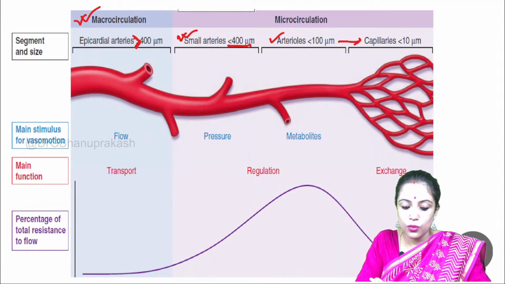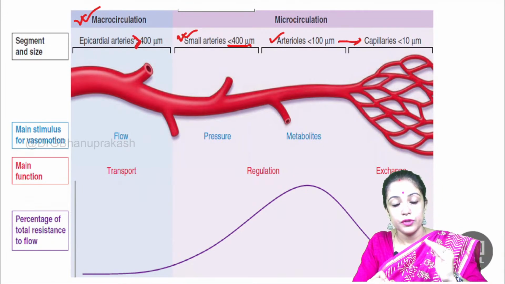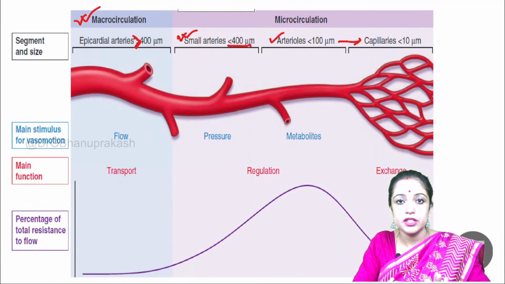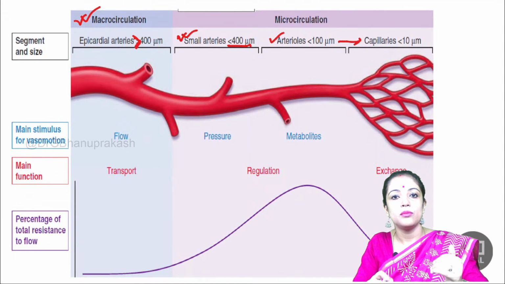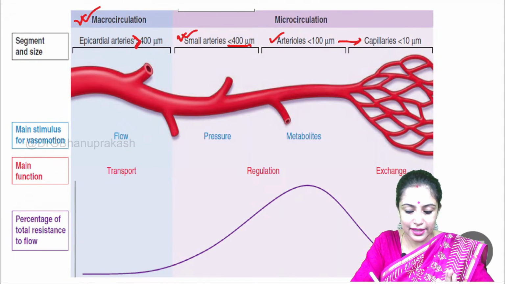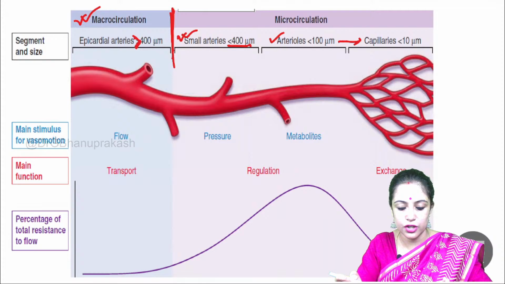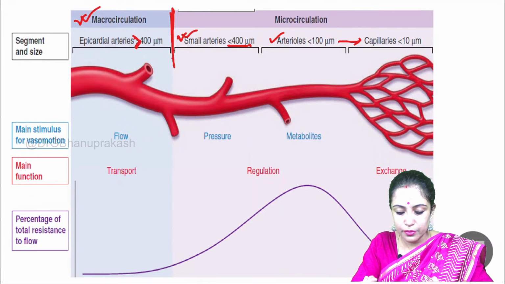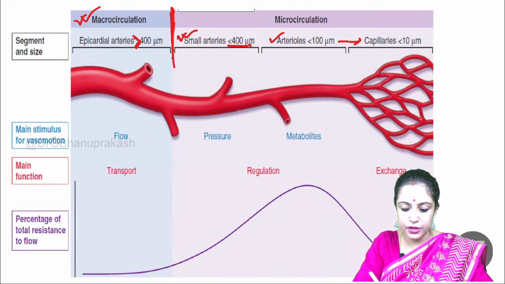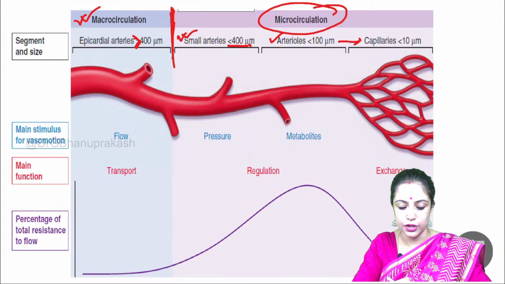So if the diameter of the coronary arteries is more than 400 micrometers, it is macrocirculation. And when it goes below 400 micrometers in diameter, it is known as the microcirculation.